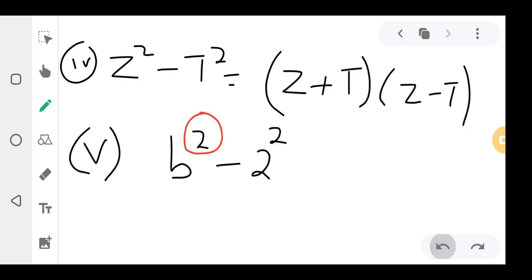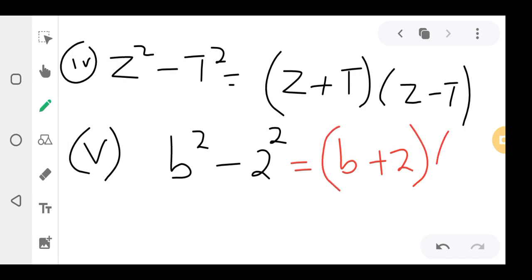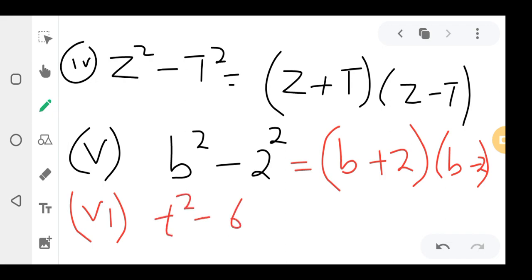So what do you do? You say equals, you pick one b there, plus 2, since there are 2 twos. Again, the b that remains, minus 2. That's how you solve. Question 6, they can say t squared minus 6 squared.